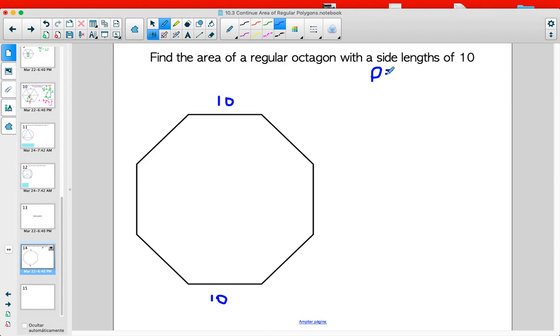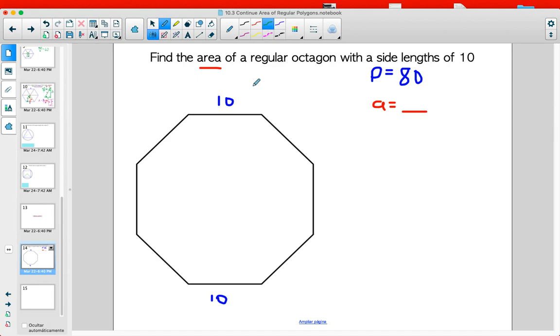Perimeter is going to be 80. Now think about what else we need to know for the area formula. Well, for the area, we need to know the apothem. So a, lowercase a, is apothem. We don't know what it is, so we need to figure out the apothem.